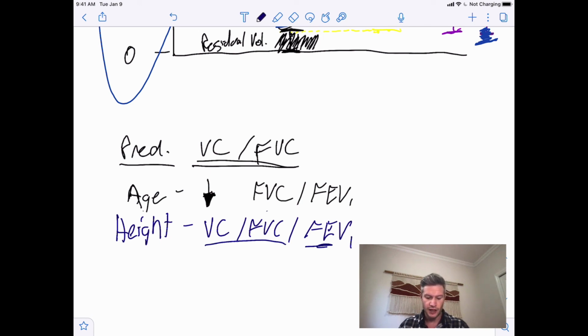But the forced expiratory volume will typically be more challenging because they have more distance to cover in that first second when they go to expire. Okay, and taller individuals are going to experience a greater decrease in lung volume as they get older.